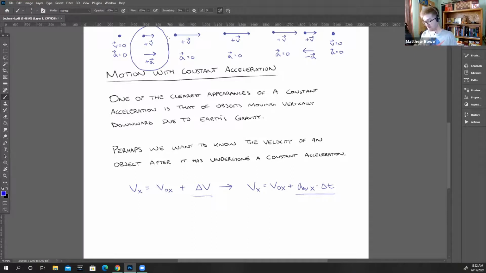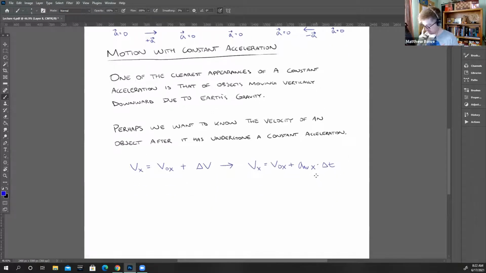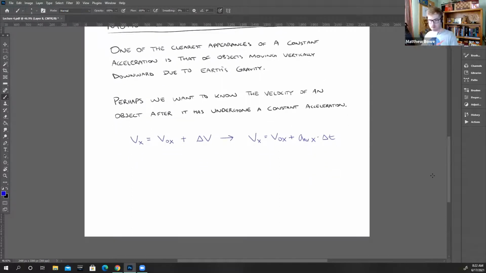It was accelerating, I know that, and it was doing it for some amount of time. So let's examine that. This is a way for me to introduce acceleration. I need this.